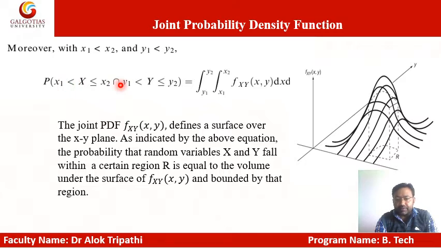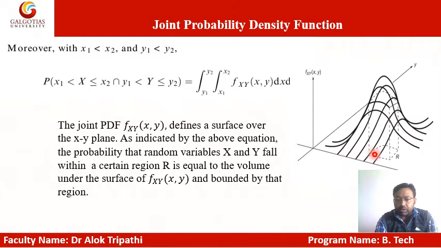So x is lying between x1 to x2. You can see here this value is x1 and this value is x2. Now for y, we have y lying between y1 to y2.